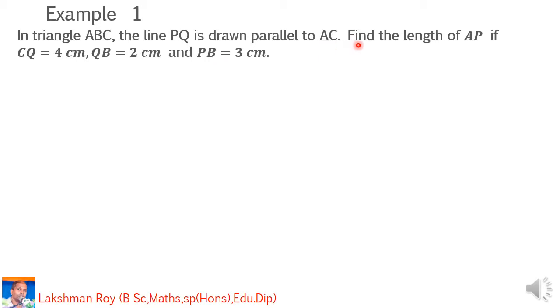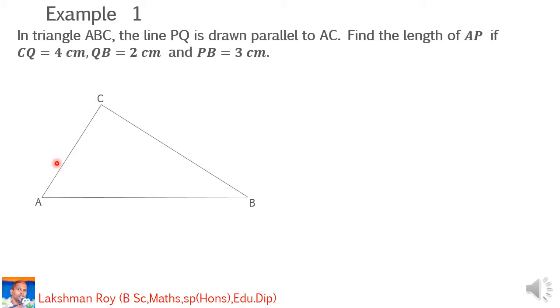Find the length of the AP side if CQ is 4 centimeters, QB is 2 centimeters, and PB is 3 centimeters. Now see, students, I have drawn the triangle here. This is my triangle ABC. Now you see, the line is drawn parallel to AC. This is my AC side.